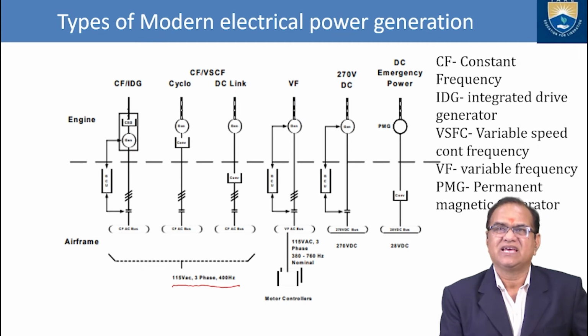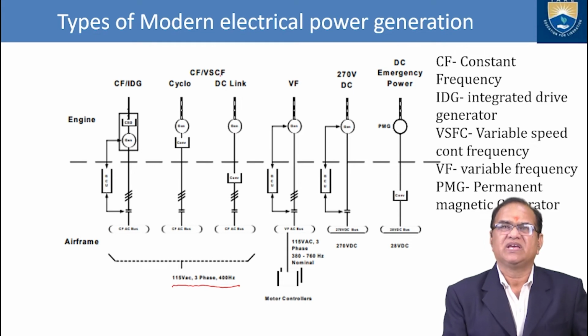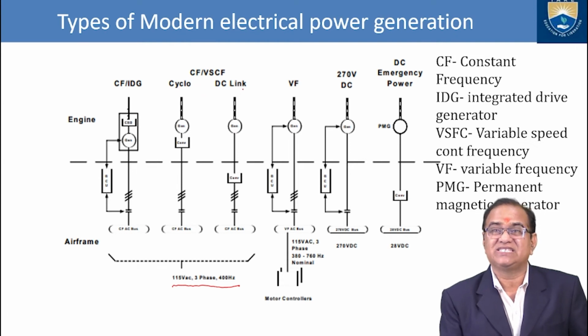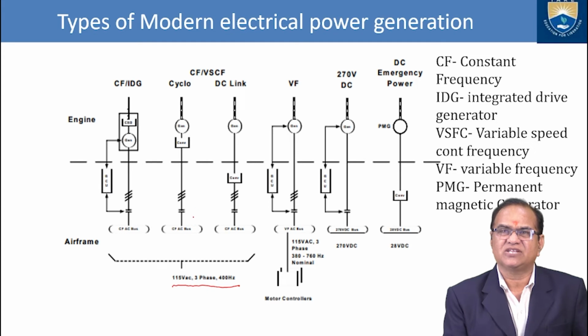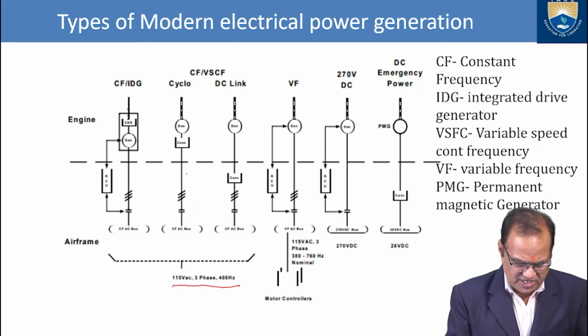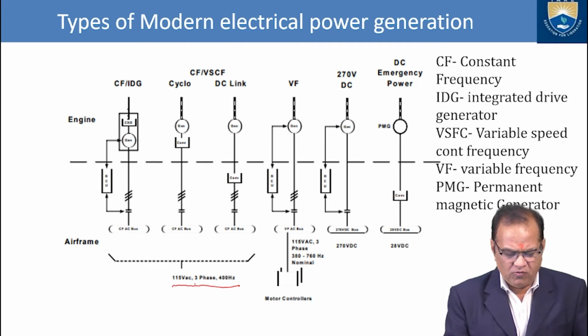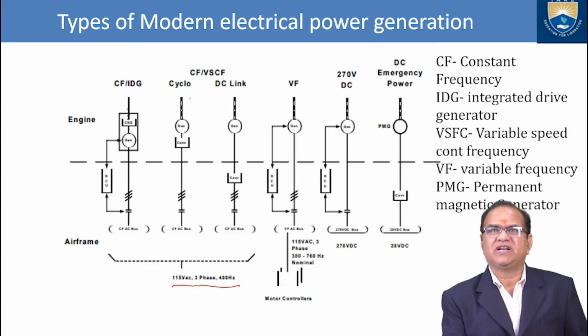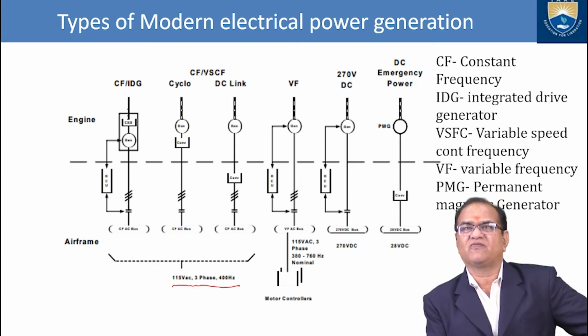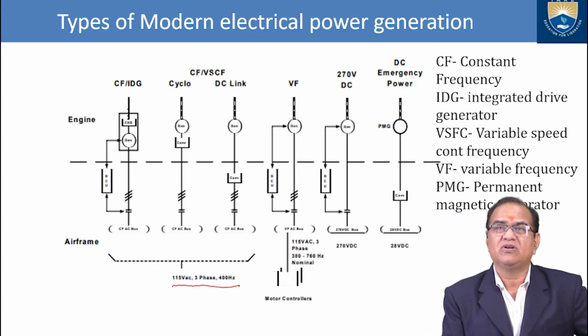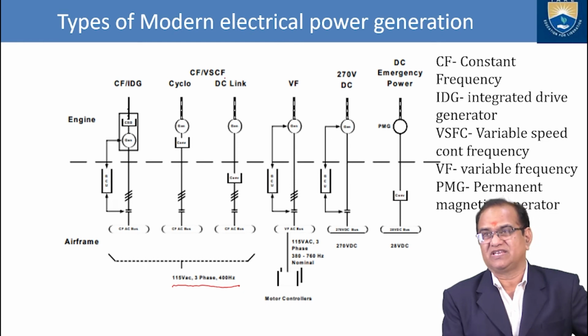Next is the variable speed constant frequency generator. In this we have two types: one is called the cyclo converter and another is a DC link. In this also, the same type of voltage is supplied, but here it is constant frequency from variable speed.